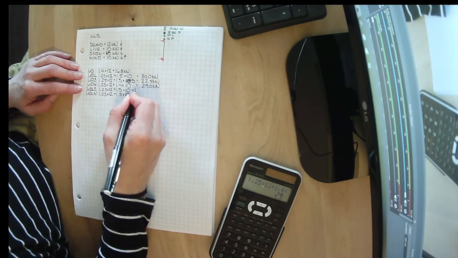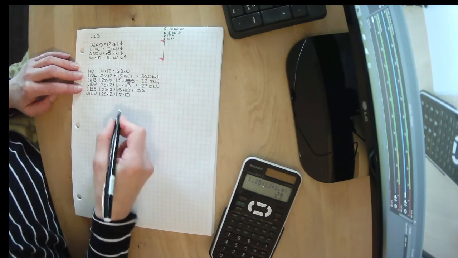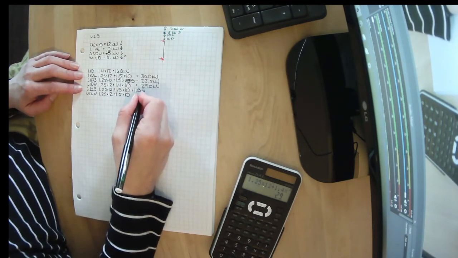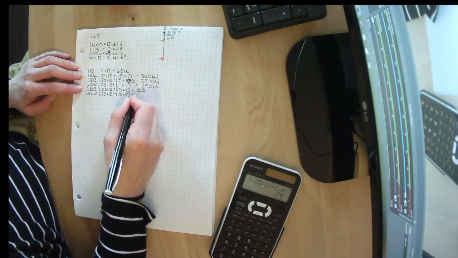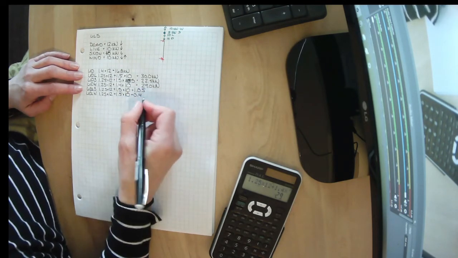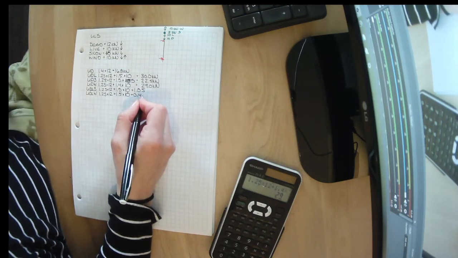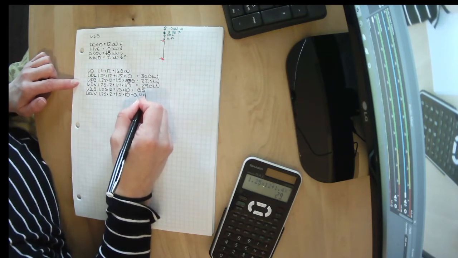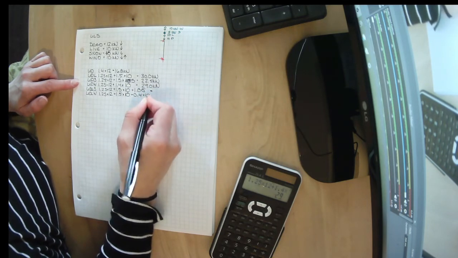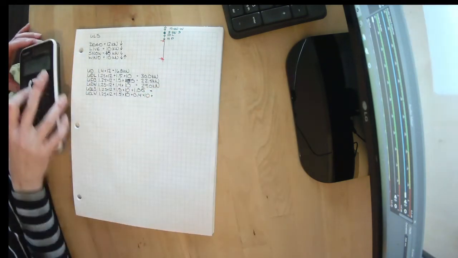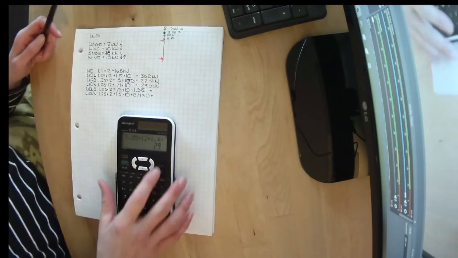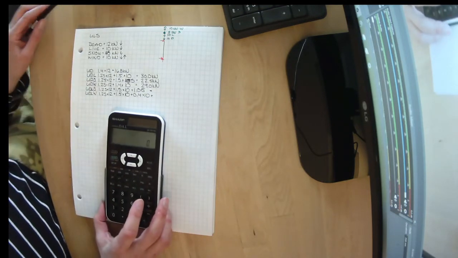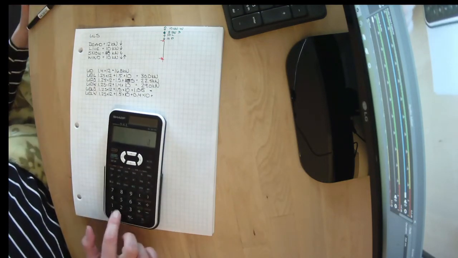So 1 times our snow load, which was 5 kilonewtons, or 0.4 times our wind load, which was also 10 kilonewtons. So we can calculate our load combinations for principal live load with its companion loads.